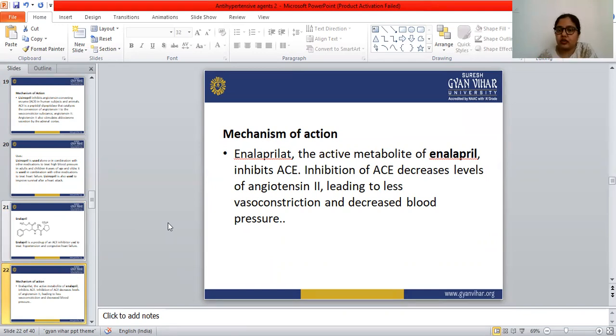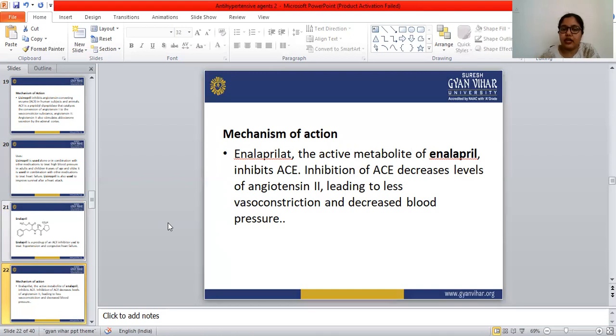When the patient takes enalapril, it is converted into enalaprilat, the active metabolite. Enalaprilat inhibits the ACE, that is angiotensin converting enzyme. Due to this inhibition of ACE, the level of angiotensin 2 decreases, and when angiotensin 2 decreases, that leads to less vasoconstriction and decreased blood pressure.